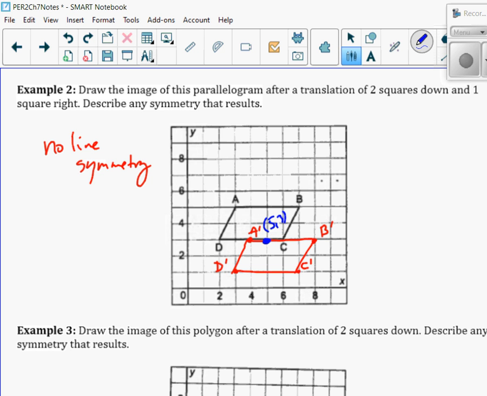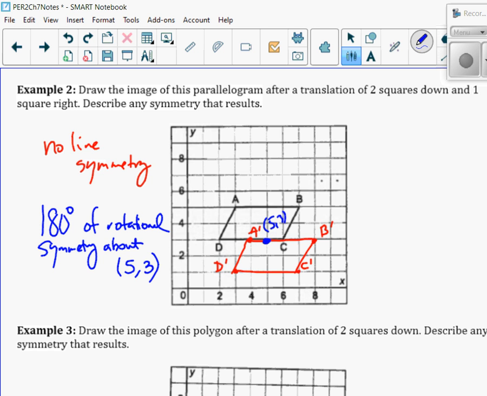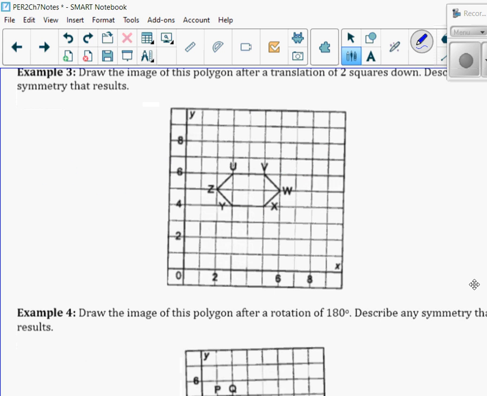So the way you say this is 180 degrees of rotational symmetry about 5, 3. That's the point. How did I know it was 180? Because if I rotate it at 5, 3, I would go once, twice. Again, to find the degrees, you take 360 and divide by the number of times you can rotate it.